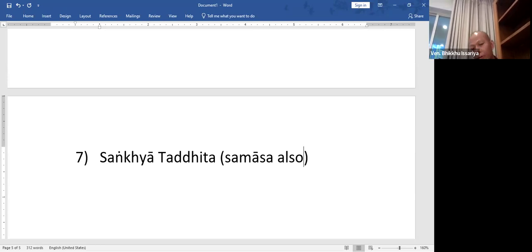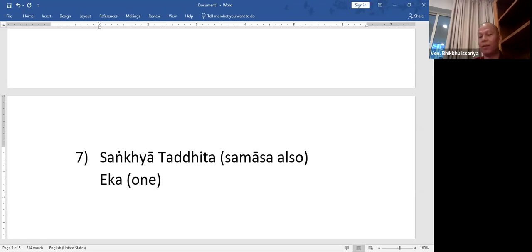In the Kitja, the Badaruba also explained in two ways. Samasa means compound word, so two nouns compound, not with a suffix. So for example, eka.